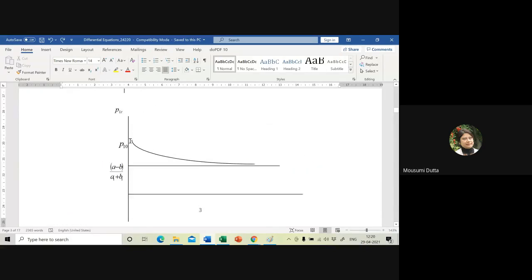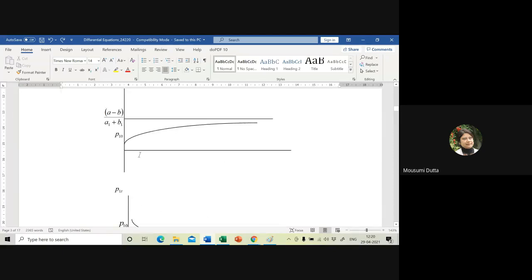So asymptotically it is marching. I mentioned that I will not explicitly bring in the second order derivative d square p by dt square here, because that will bring second order matters into the analysis and change the entire nature of the discussion.